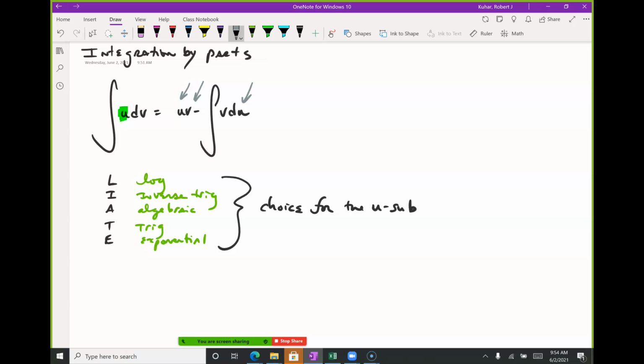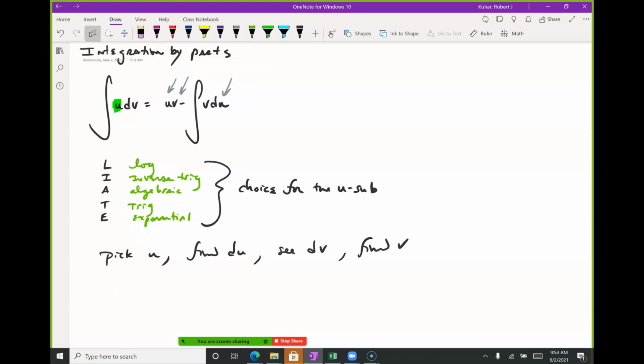So basically, I have to find u, find the derivative du, find dv, find the integral v, right? So once you pick u, it's easy to find du. And then once you pick u, it's easy to see the leftovers dv, and then integrate to find v.